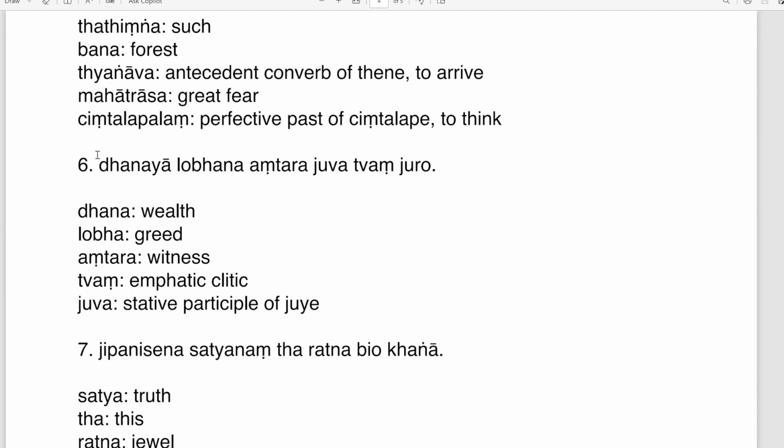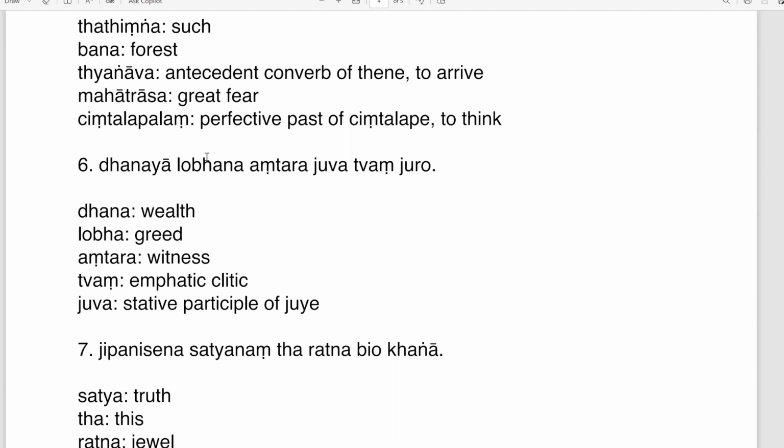So in the context, because there's dispute about the jewel, two Purusha Niwa, two people who came from the street, just became the false witness because of the greed for the wealth. So Dhana, genitive of wealth, Lopana, Lopa is greed, Na is ergative or instrumental.